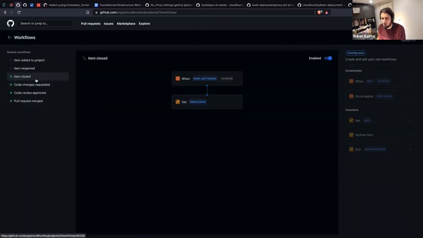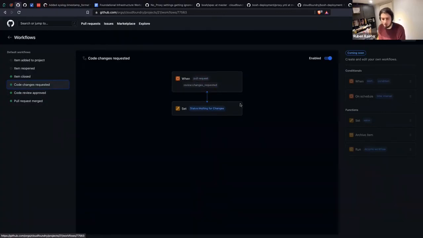If an item is closed, it moves to a column. If changes are requested, it moves to waiting for changes. Taking certain actions in GitHub moves things to a different column, so you don't have to move these things. That's quite nice.